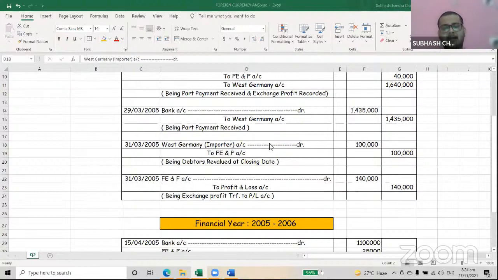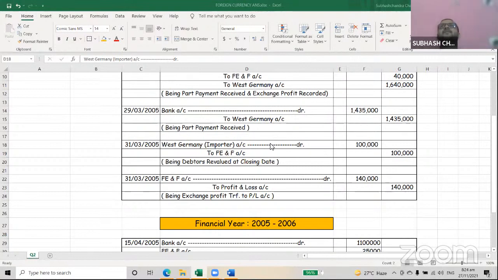At 31st March 2005, we are supposed to revalue our debtor at the closing date, because when we entered into the transaction, the rate was 41, but as on the 31st March, the rate is 45.